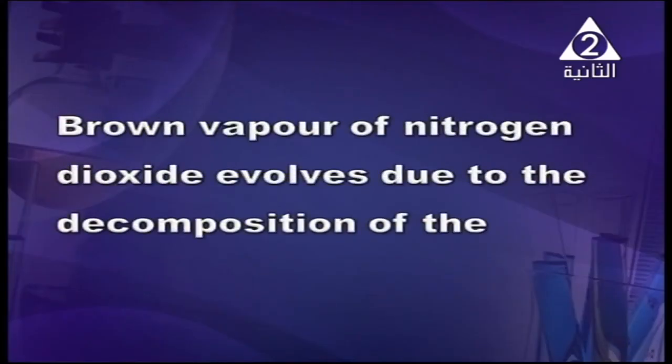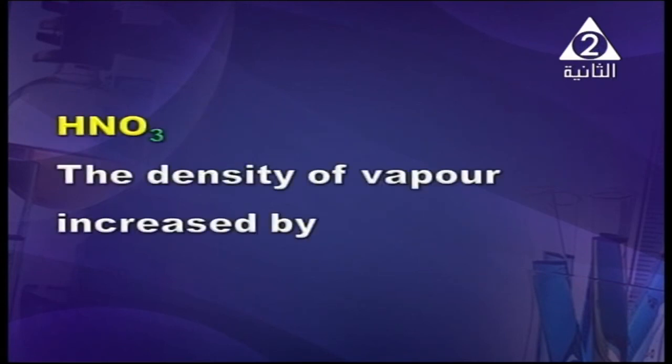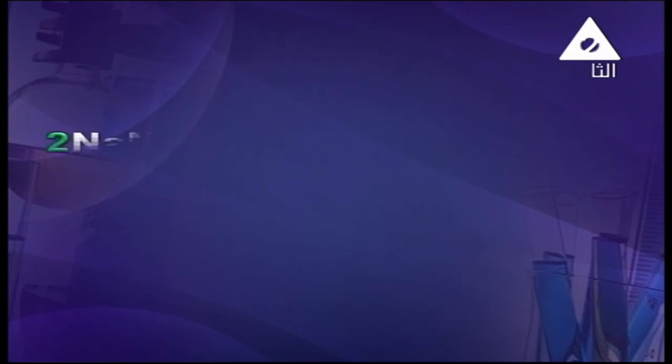From the experiments we saw before, the brown vapor of nitrogen dioxide evolved due to decomposition of the nitric acid, HNO3. The density of the vapor increased by adding copper filings.